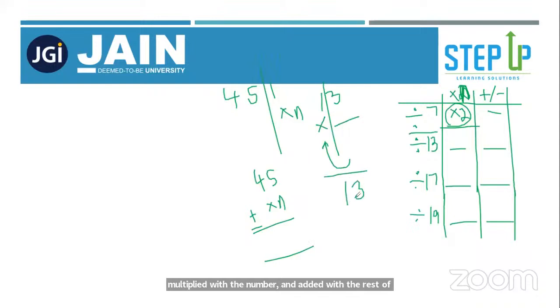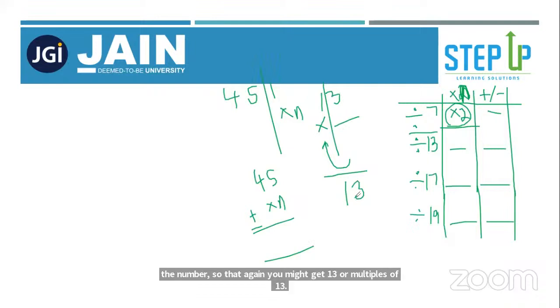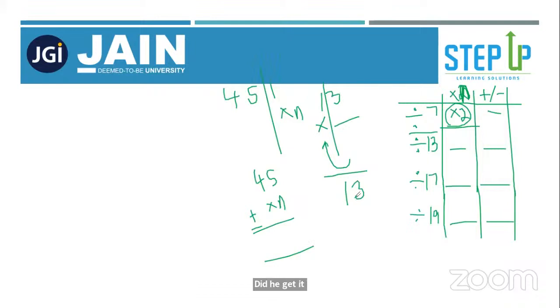For 17 as well, you multiply some number with the last digit, either add or subtract with the rest of the number, so that you get multiples of 17 or 17 itself.